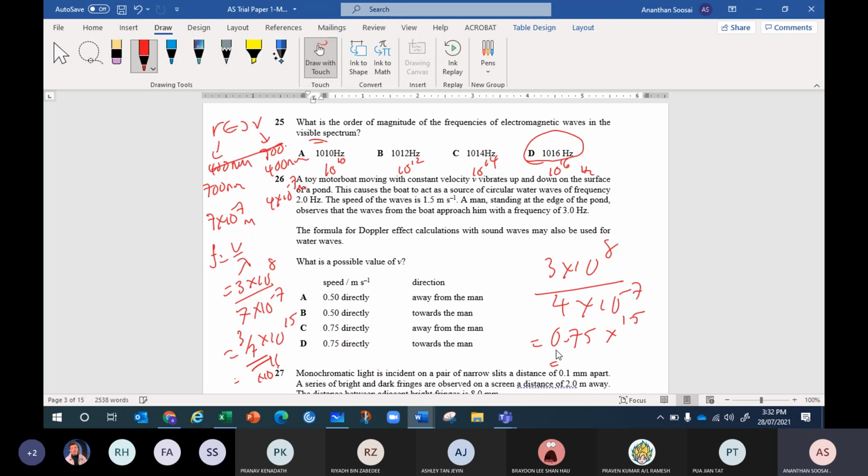Make it as standard form, 7.5 times 10 power of 14, right? 15 minus 1. Yeah, C. Okay, maths error.